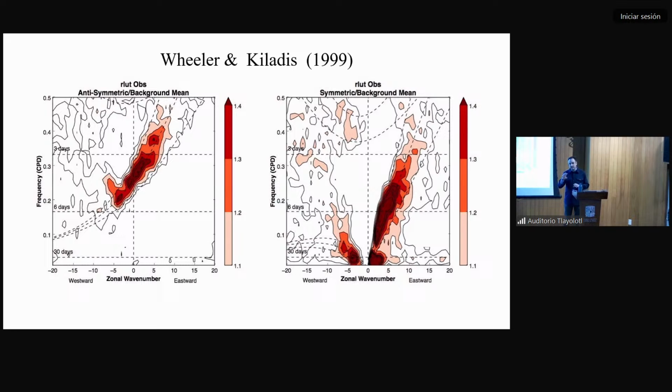And we have an equivalent, the equatorial Rossby wave, that still has some kind of geostrophic balance, but it's not as strong or as big as, for example, the monstrous Rossby waves that form in the subtropics.